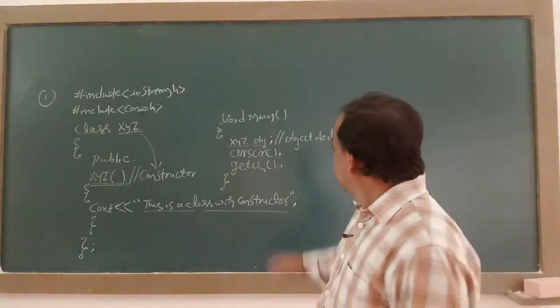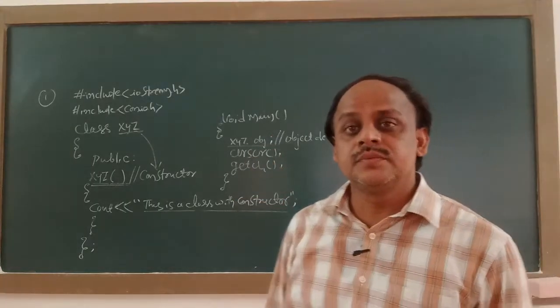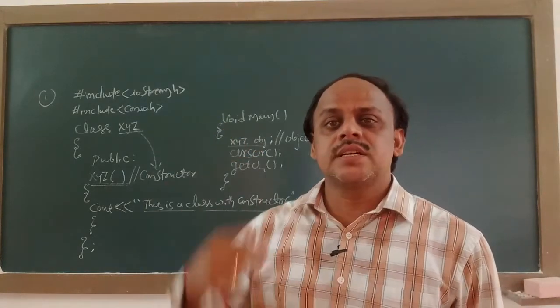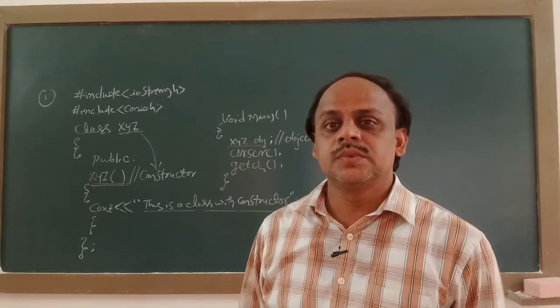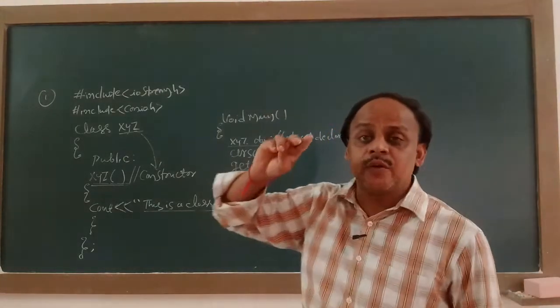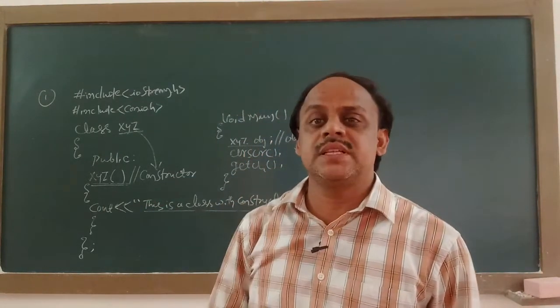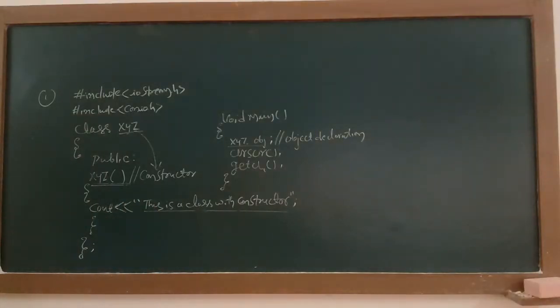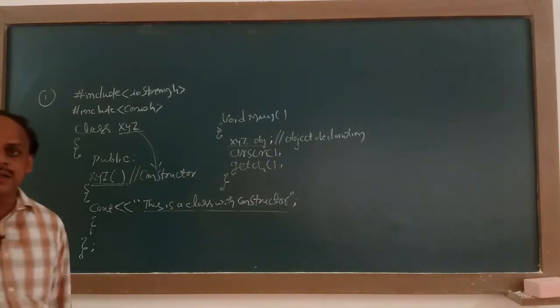Okay. Now let us see another program, where we are using a constructor in a class. Suppose, instead of declaring one object, we declare a number of objects. What happens? We are going to see that here. This is a program to demonstrate how a constructor is automatically executed at the time of object creation, right?